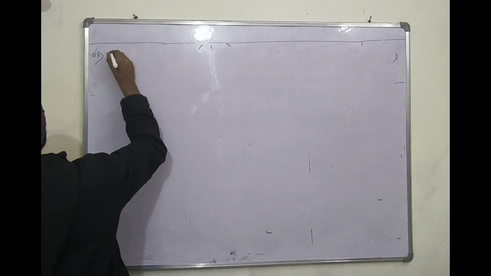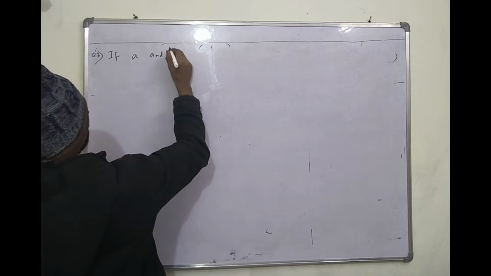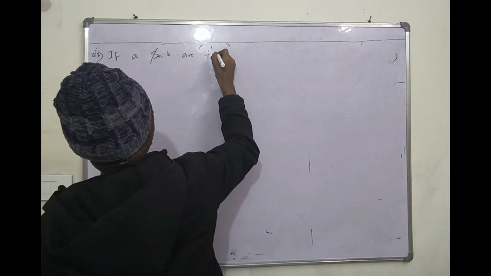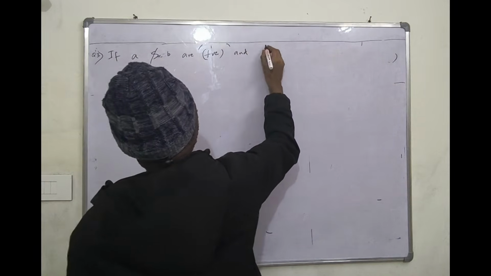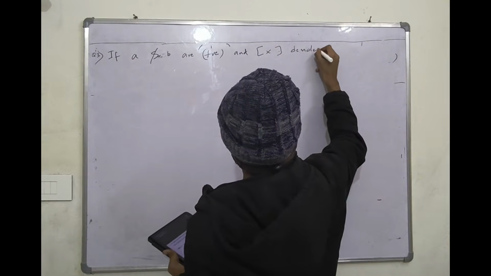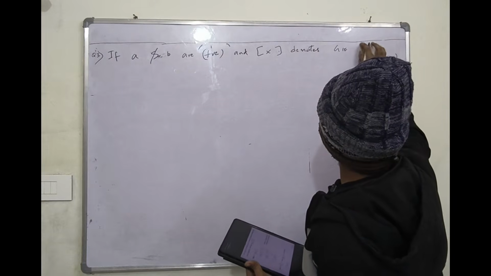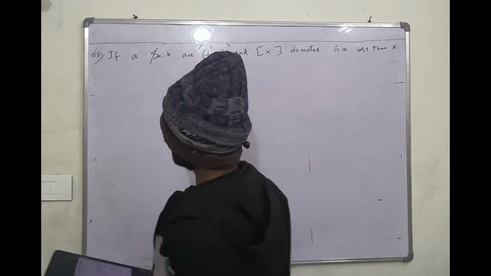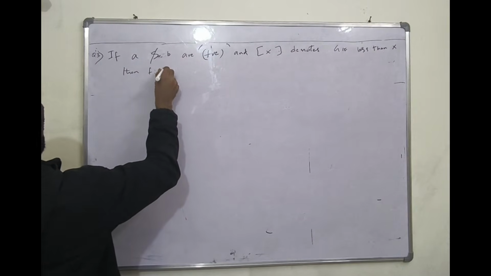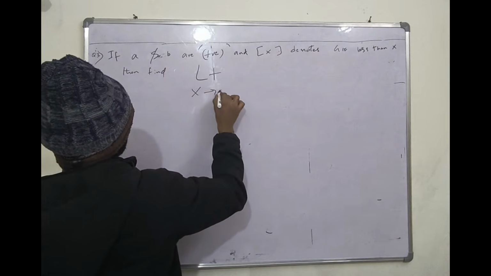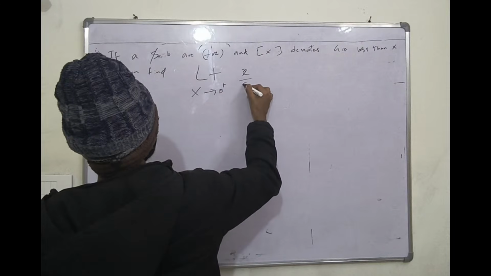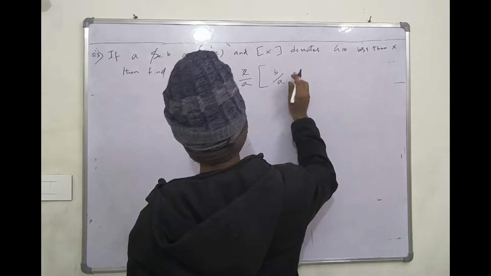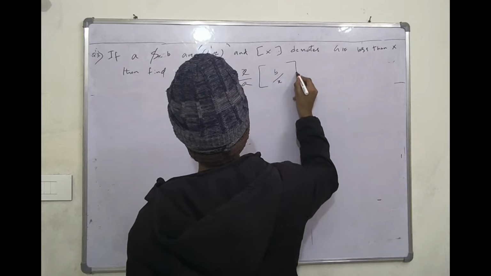If A and B are positive, and step x denotes the greatest integer function, less than or equal to x, then find limit x tends to 0 plus of x by a into step of b by a, b by x.